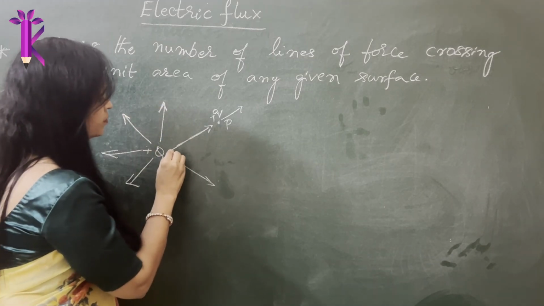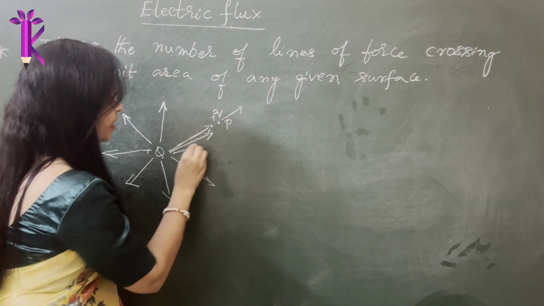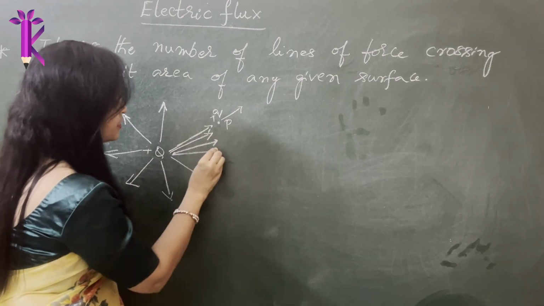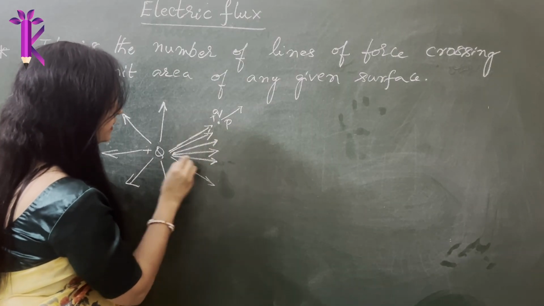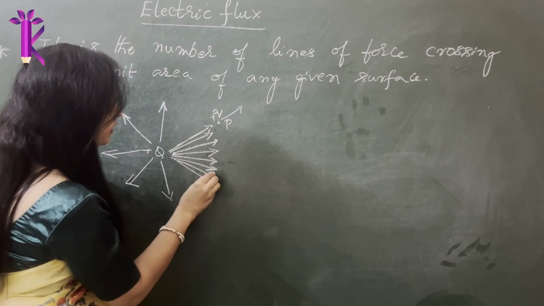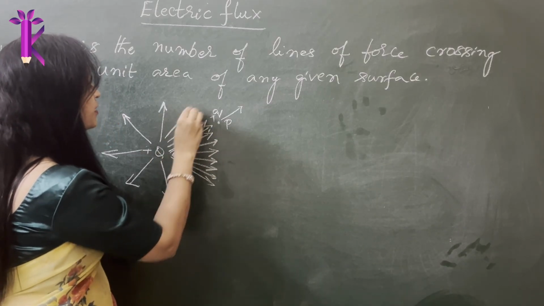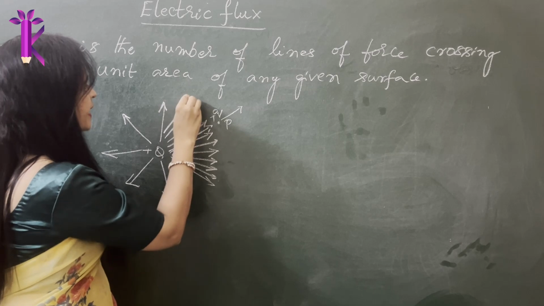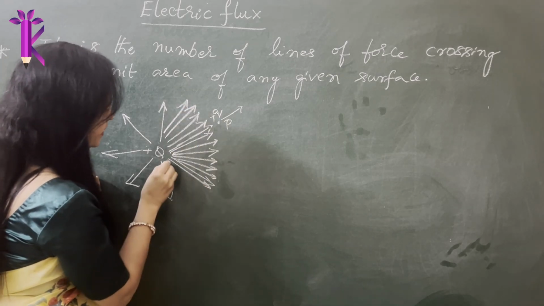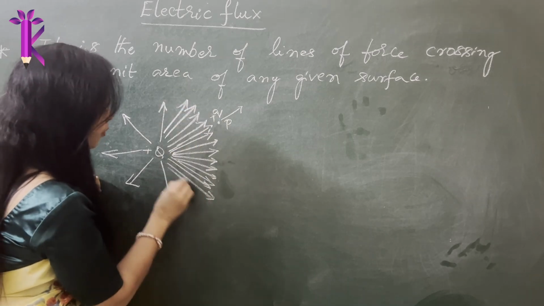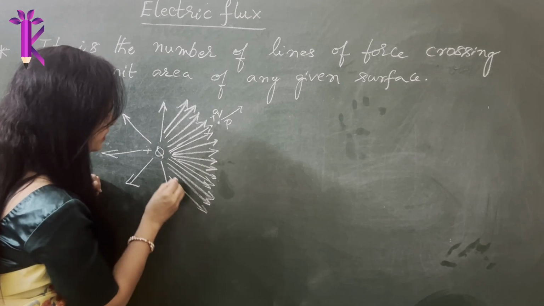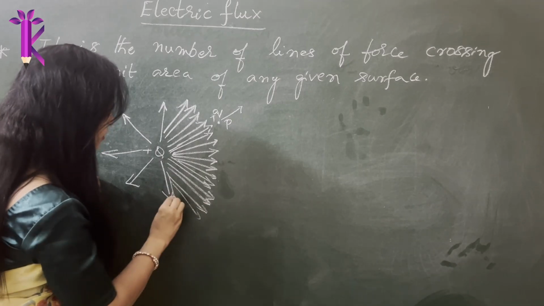Suppose I start drawing a number of lines. I've already told you these are imaginary lines, which just help us understand how the electric field basically looks like. So if I start drawing the electric lines of force, since it is closer to this point, it will experience a larger, stronger electric field.